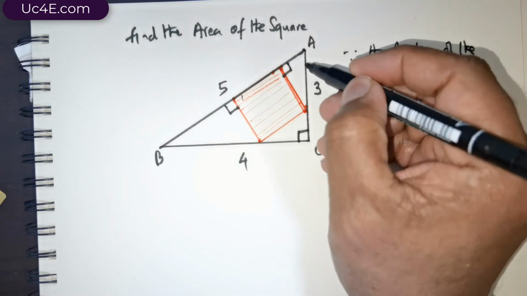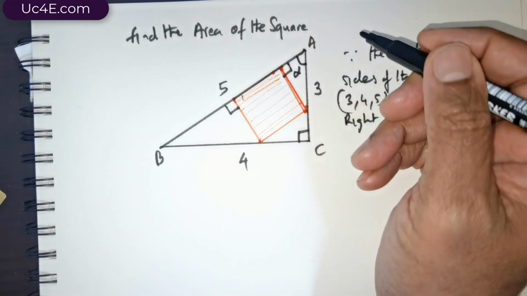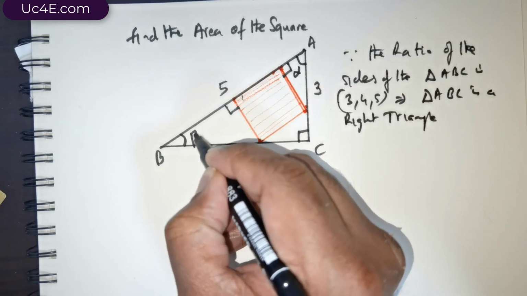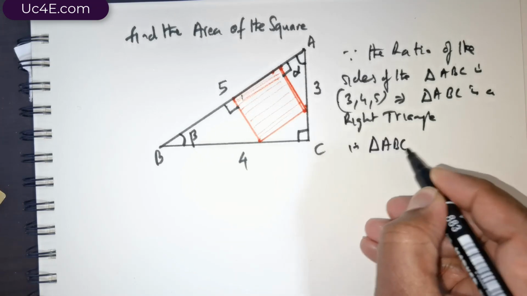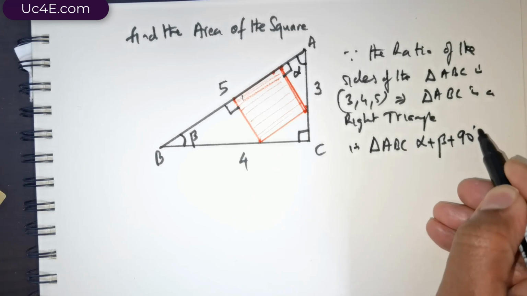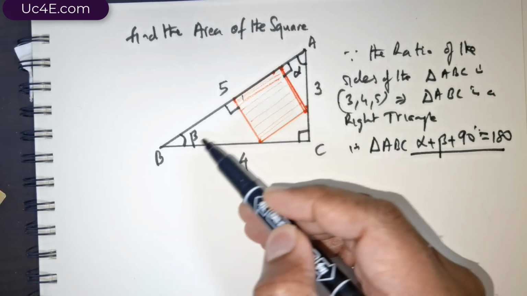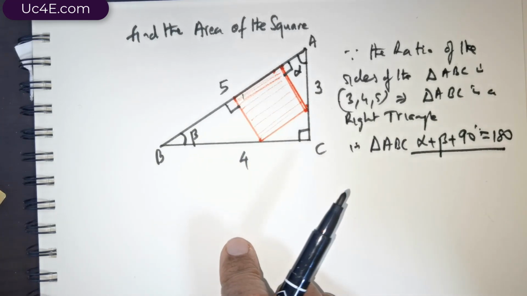Now this angle is alpha and this angle is taken to be as beta. Now in triangle ABC, alpha positive, beta positive, this 90 degree will be equal to 180. So alpha and beta added with this 90 will give me 180.